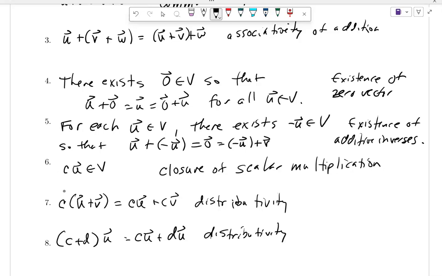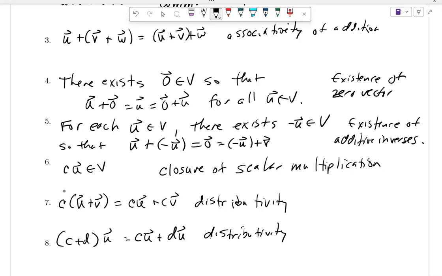This plus sign represents regular old real number addition. That's not a weird addition ever here. If I'm adding two numbers together, you add them like you always do. The only time addition can get weird is if I'm adding two vectors together. So that's important.